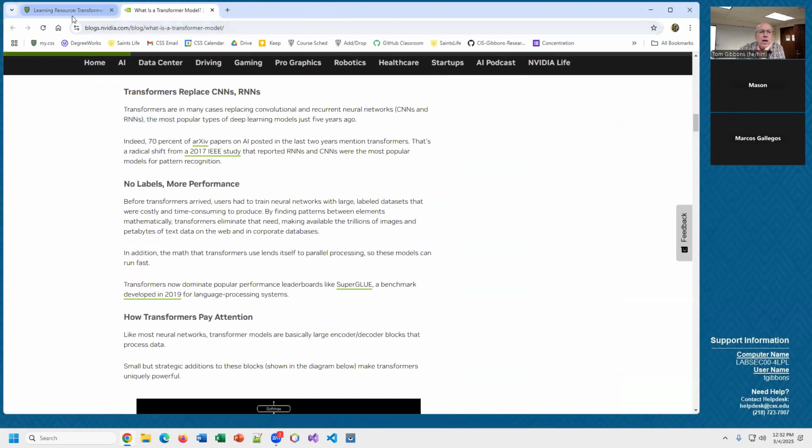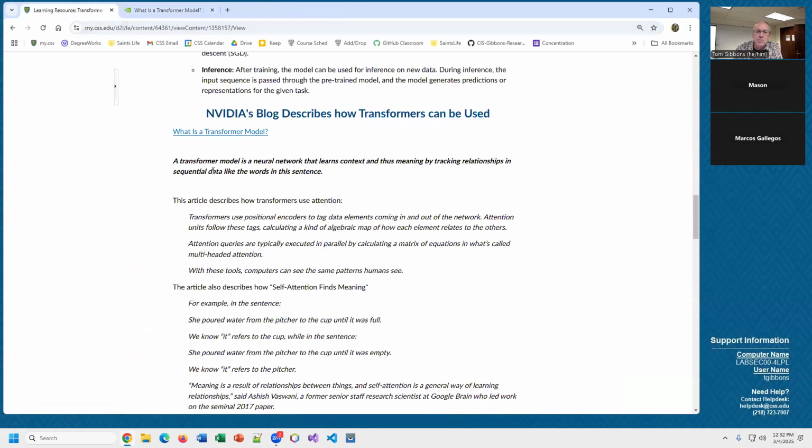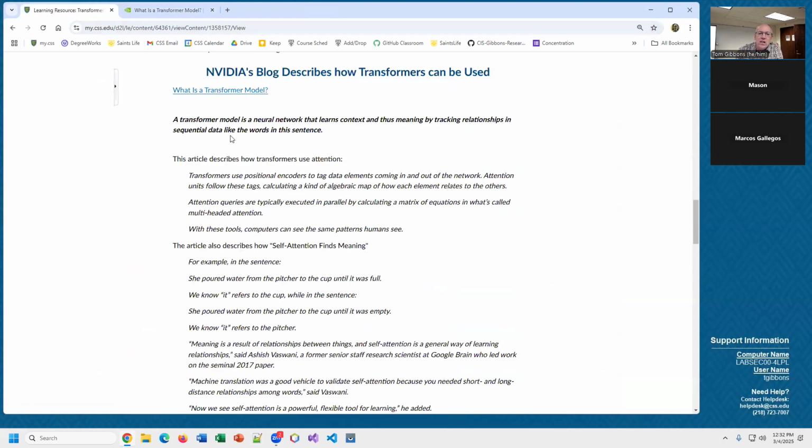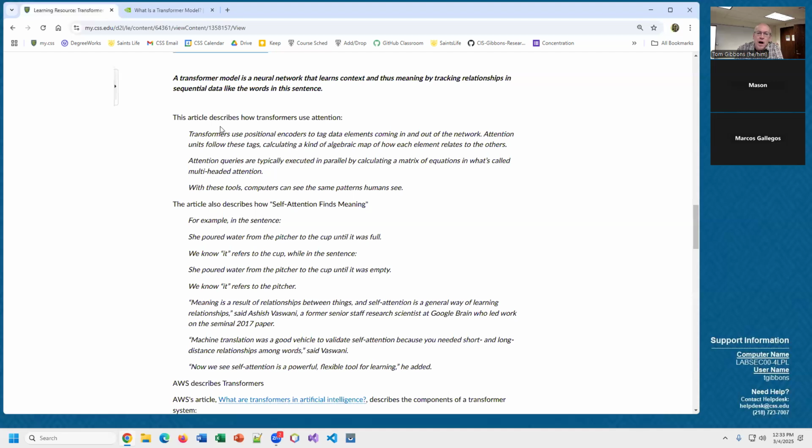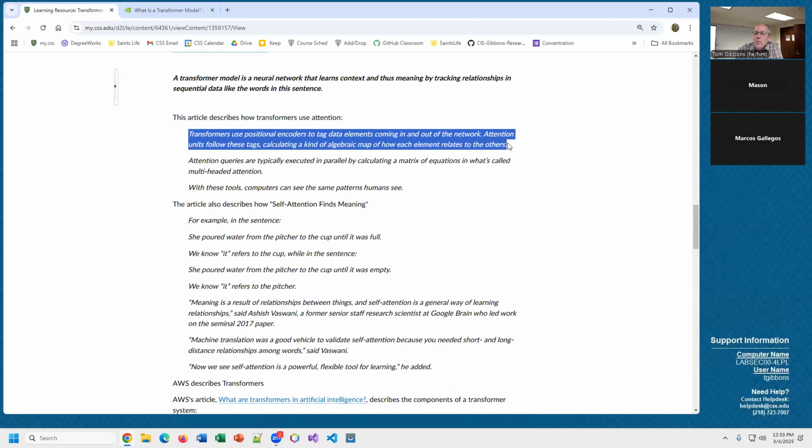I'm actually going to jump back here where I've just pulled some stuff out of that larger article. So what do they say again? And hopefully now we're going to try to understand this. Transformers use positional encoding or encoders to tag data elements coming in and out of the network.